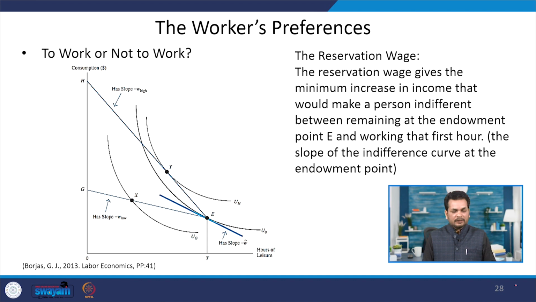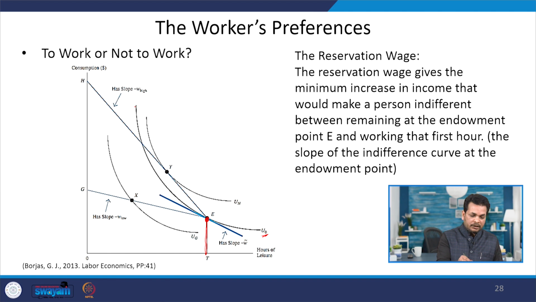Let us say the individual is having some amount of non-labor income. So, he is at this endowment point, point E. At this endowment point, if the worker is not working at all, he enjoys U0 amount of utility.